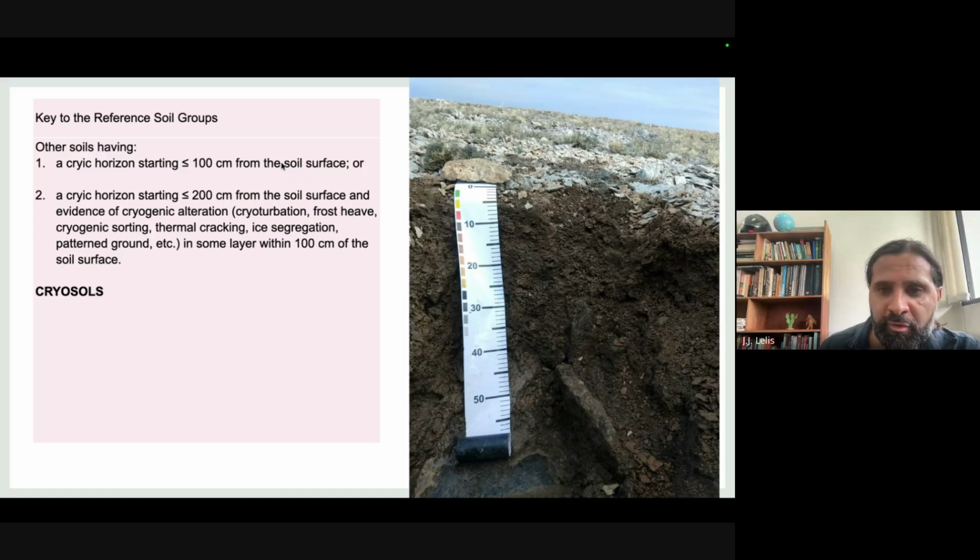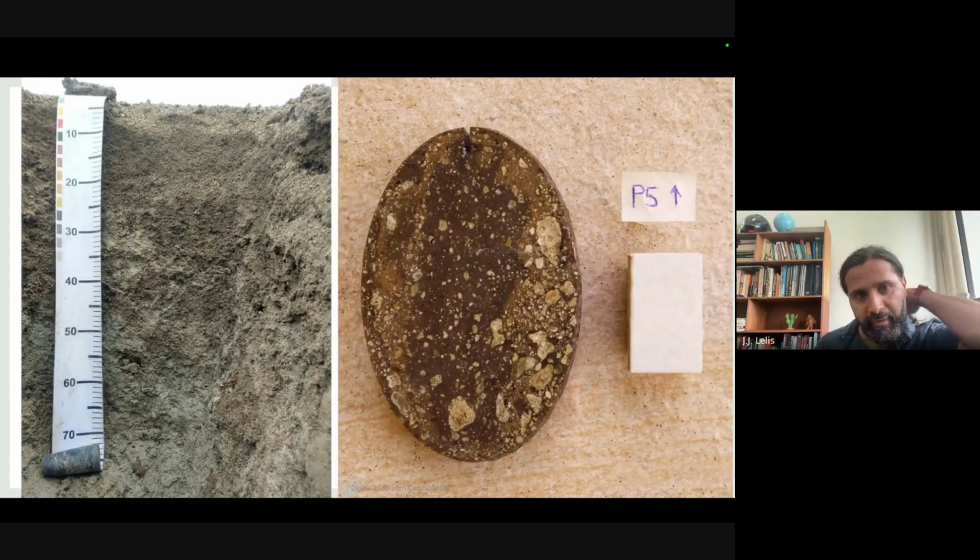So in this photo you can see at 60 centimeters the permafrost, the cryotic horizon, temperatures below 0 Celsius degrees. Here you can see some clay movement, some evidence of cryoturbation. Here also some evidence of cryoturbation.